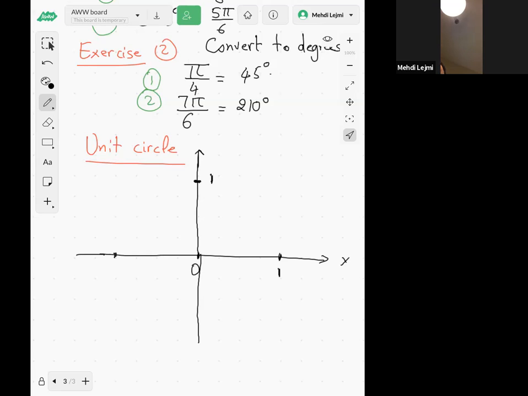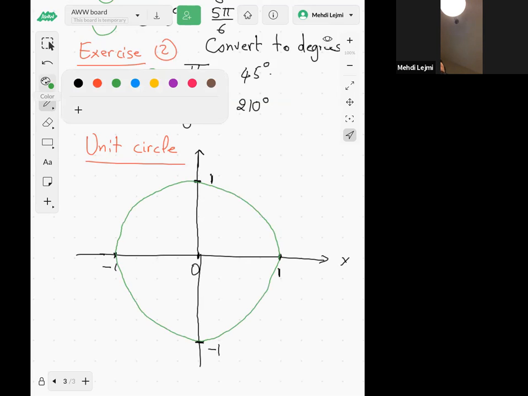This is -1, and here it's -1. So the unit circle will be a circle of radius 1, which passes through the +1 and here the -1.